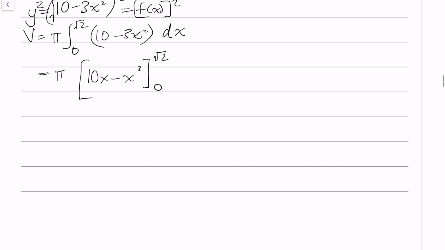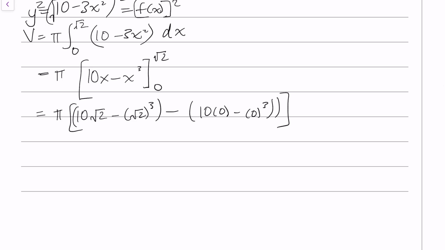Then I'm substituting in and subtracting. So 10 square root of 2 minus square root of 2 to the power of 3, keeping that in brackets, minus 10 times 0 minus 0 cubed. So it'll just be this part that's left.